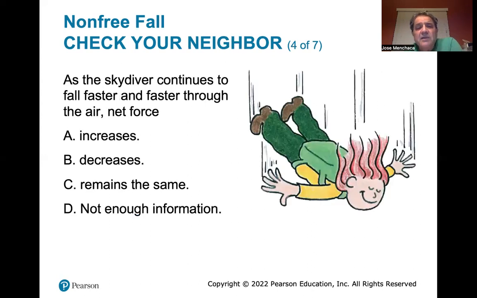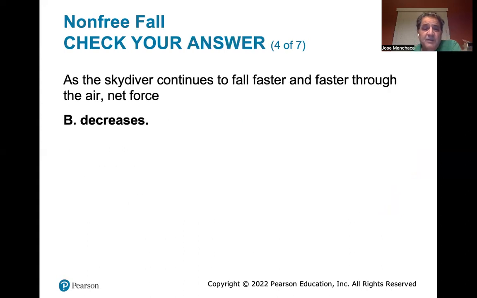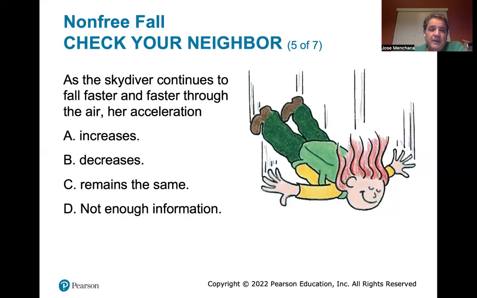As the skydiver continues to fall faster and faster through the air, does net force increase, decrease, remain the same, or is there not enough information? Well, as her velocity increases, the net force has to decrease because it's headed towards 0 where she reaches terminal velocity. So it decreases.